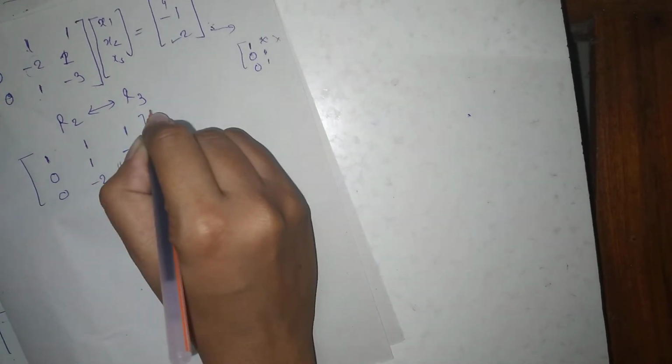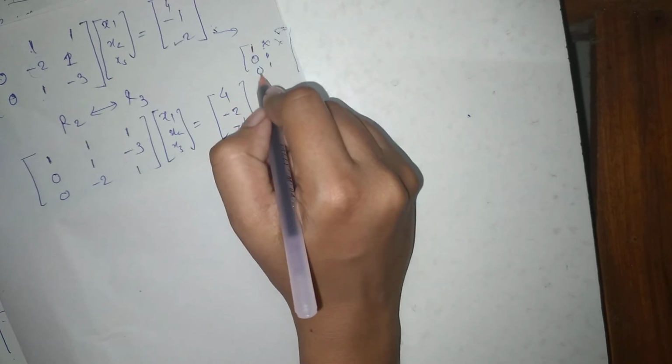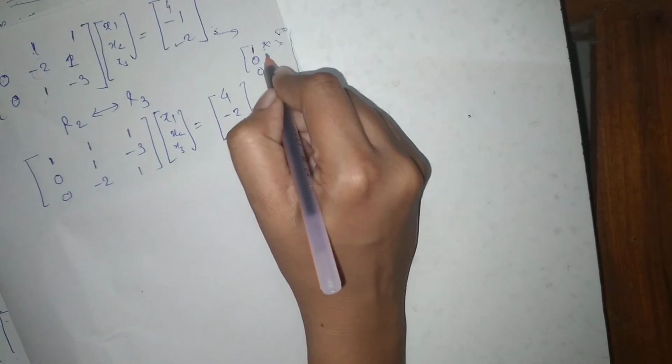Now we interchange R2 and R3, so we get the equations with 4, minus 2 and minus 3, because in echelon form we need 1 and 0 0 with stars.